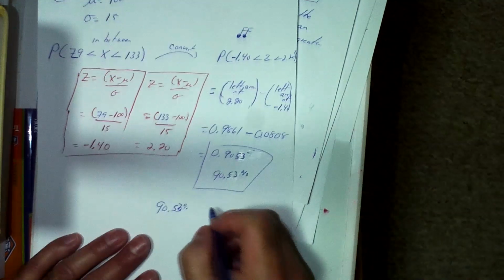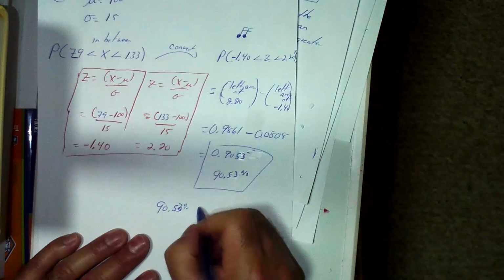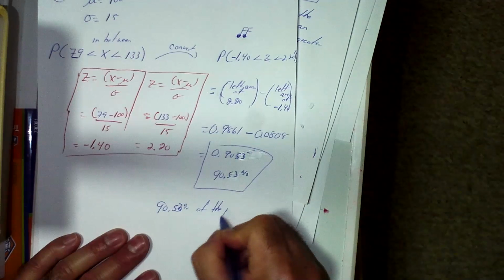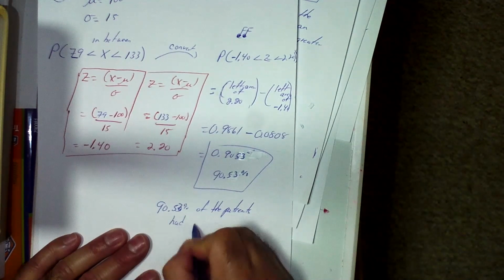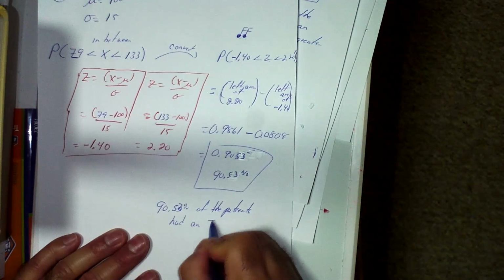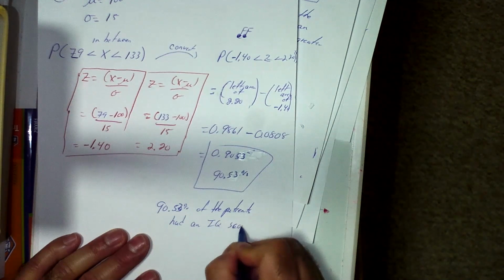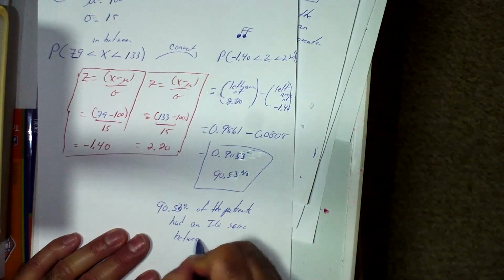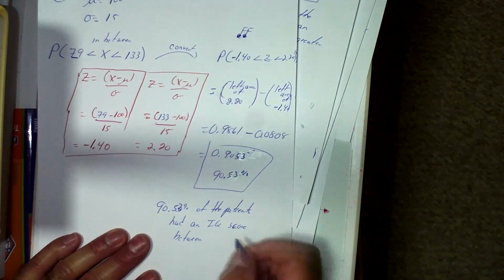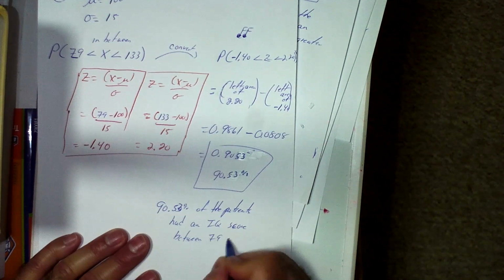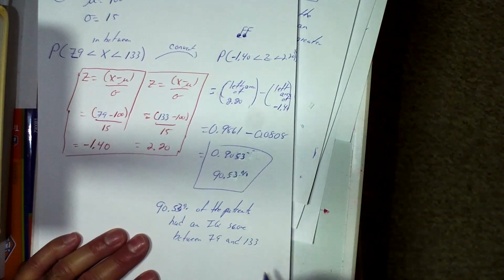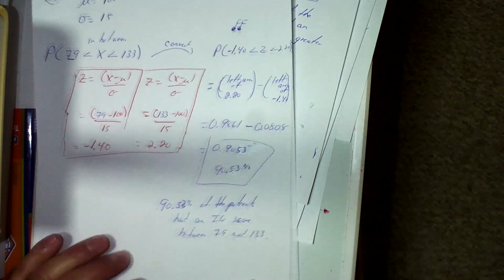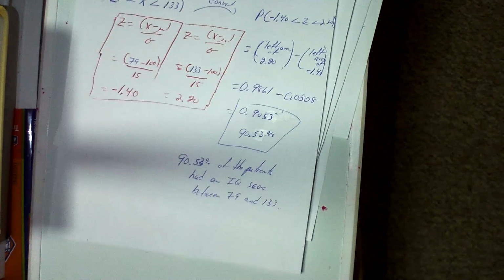90.53% of the patients had an IQ score between, was it 79 and 133. Wow, that's almost all of the patients, right? 90.53. You captured most of the patients that were in that group.